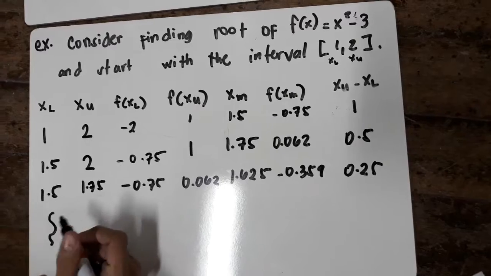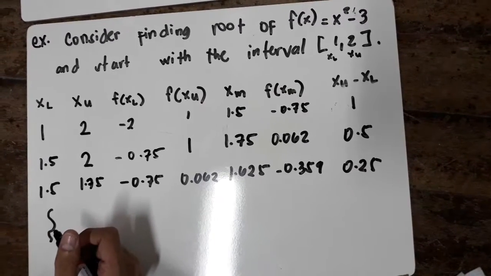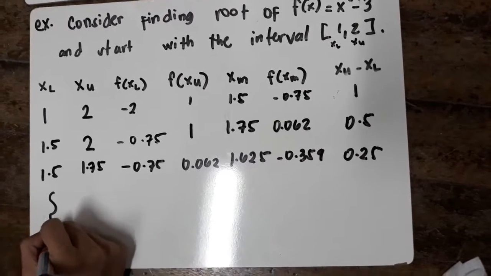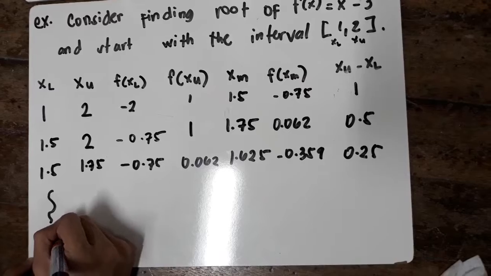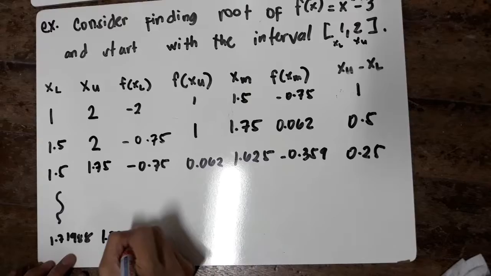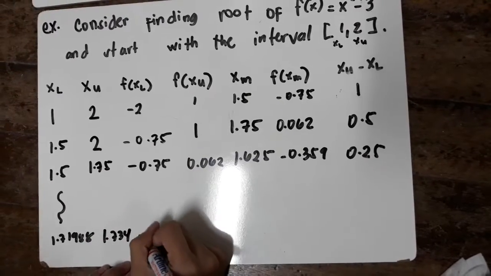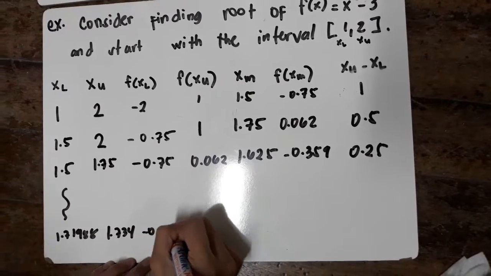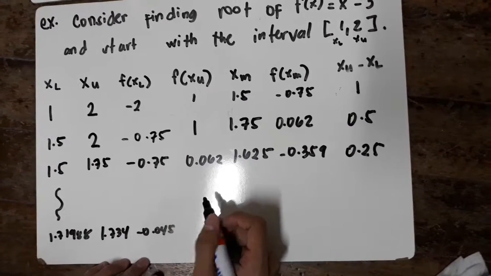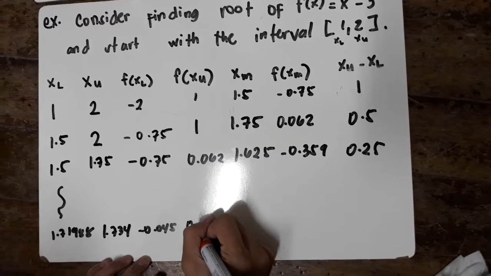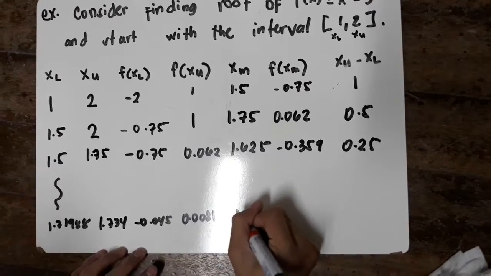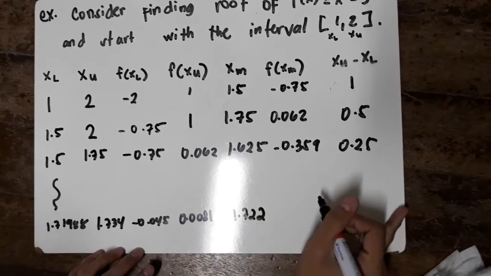In the 7th iteration, we have a value of 1.71988 for x sub l and 1.734 for x sub u, then 0.0457 when we substitute the value of x sub l into the equation, and 0.0081 for the f of x sub u, and 1.722 here in x sub m.